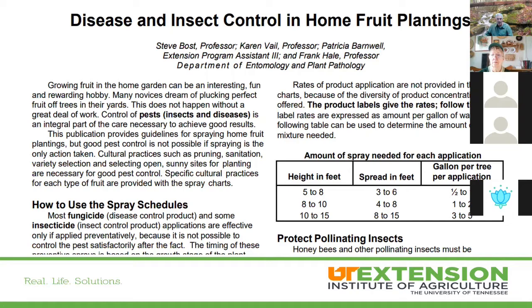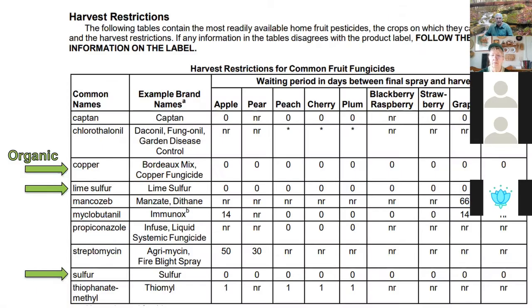It's very simple and straightforward and breaks down just the simple aspects of homeowners controlling disease and insect pests in their home. It's going to give you a listing of fungicides for each of those. On those are some of the organic fungicides that can be used by that particular homeowner. You've got copper, lime sulfur, and then just plain sulfur down here that classify as organic sprays, the brand names those may be sold under, and then the post-harvest interval.